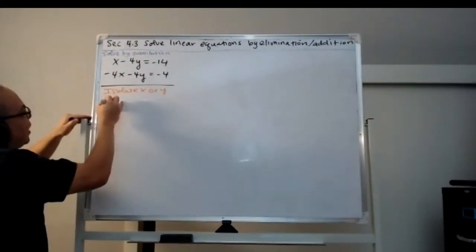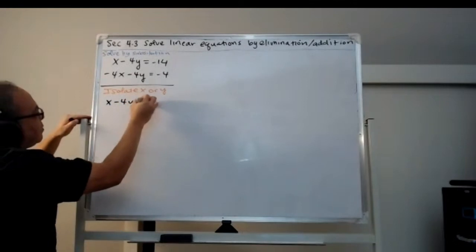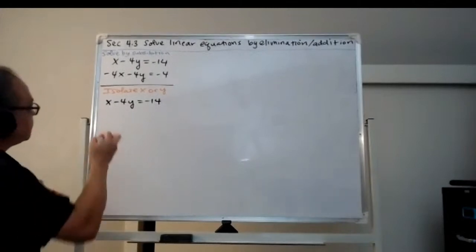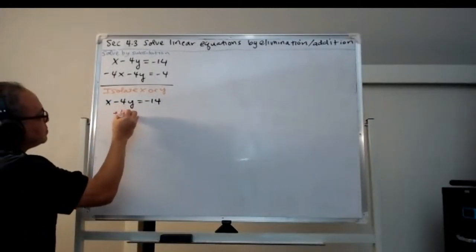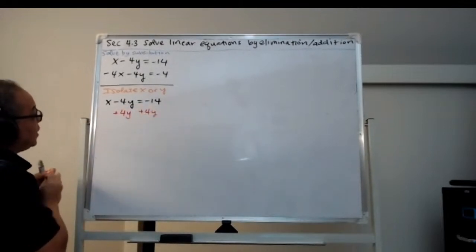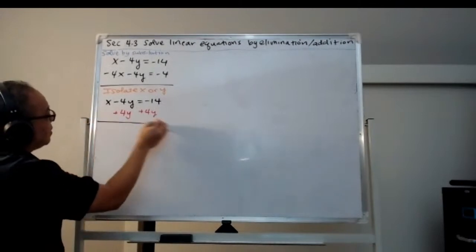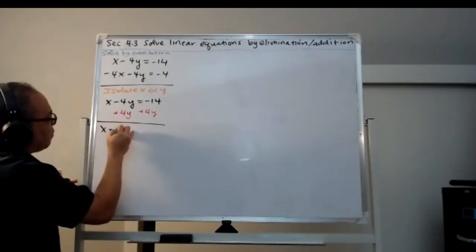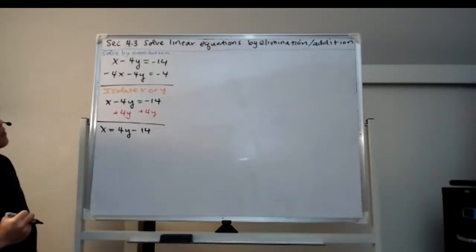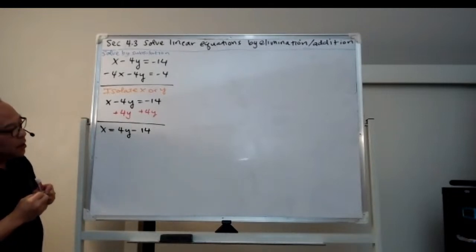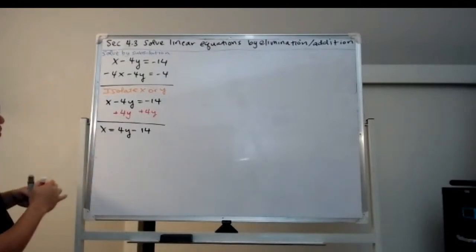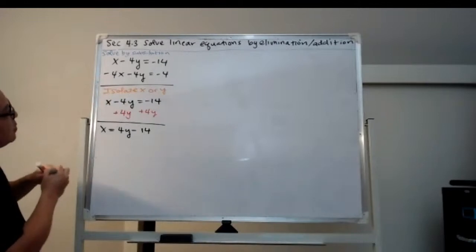I went from x minus 4y is equal to negative 14, and I would bring the 4y to the other side. I would end up getting x is equal to 4y minus 14. And once we isolate it, we would then substitute it into the other line. So in this case, we would substitute it into this one.